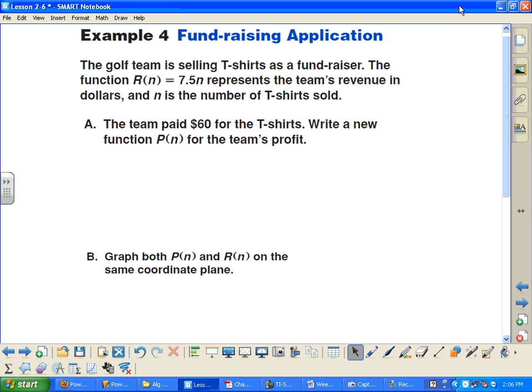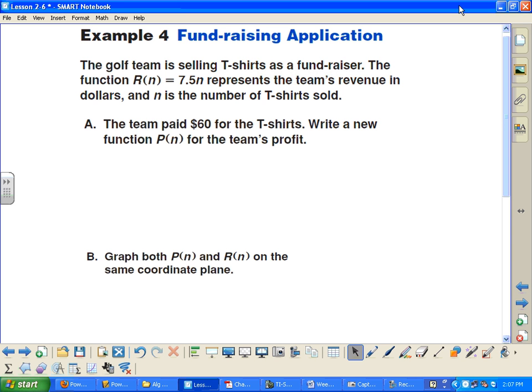The function R of n is equal to 7.5n, which means that every time they sell a T-shirt, they get $7.50. Okay? It represents the team's revenue in dollars, and n is the number of T-shirts sold. The team paid $60 for the T-shirts. Write a new function for the team's profit.